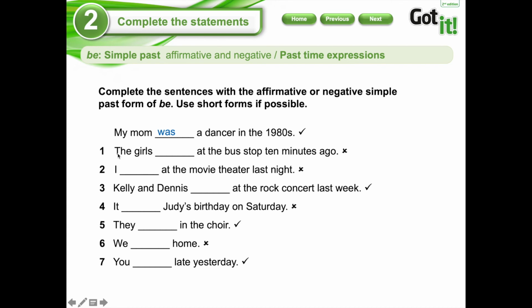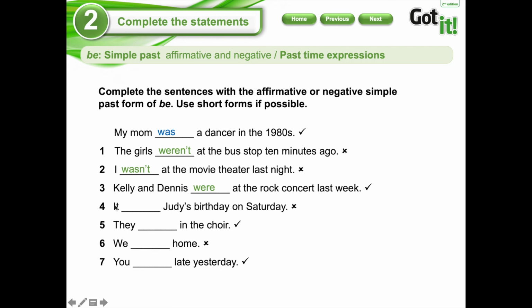We're going to do number 1. Says the girls, and pay attention here to the cross, weren't. Good. And you're going to use short form, okay? Let's go to the second one. I, again, negation. I wasn't at the movie theater last night. Number 3, Kelly and Dennis is a positive form. So, were at the Rock Center last week.